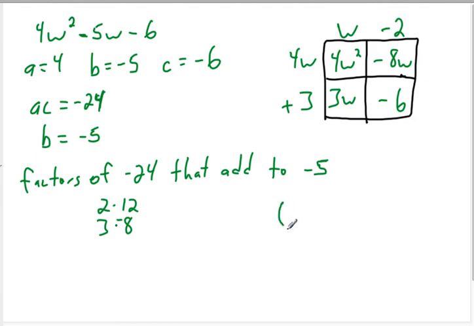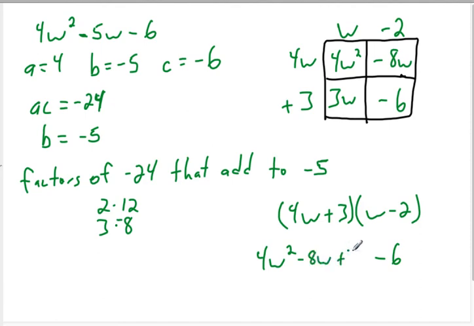So we think the answer is 4w plus 3 and w minus 2. Let's check it. So 4w squared minus 6 over here, and then we have a negative 8w plus 3w, so that's going to be a negative 5w. So sounds like we've got it.